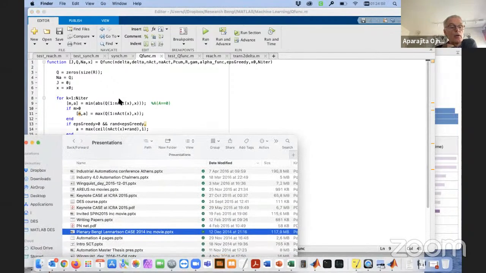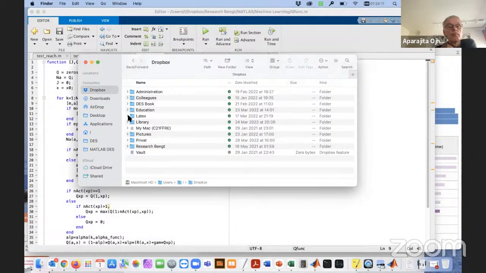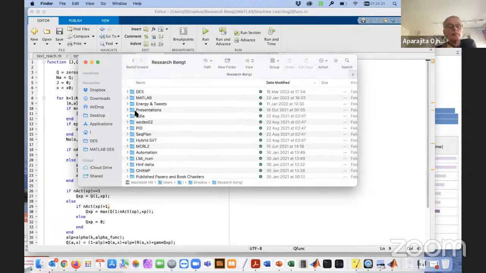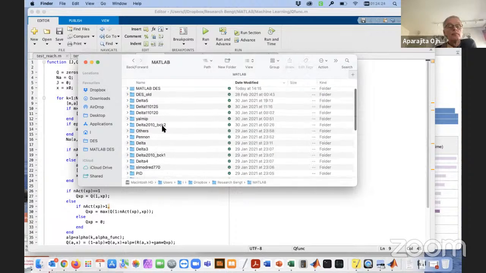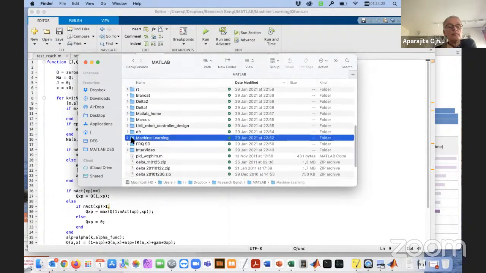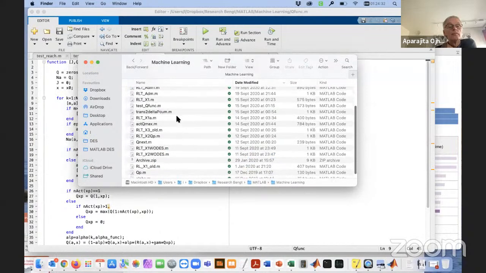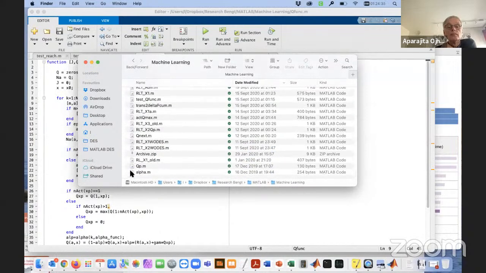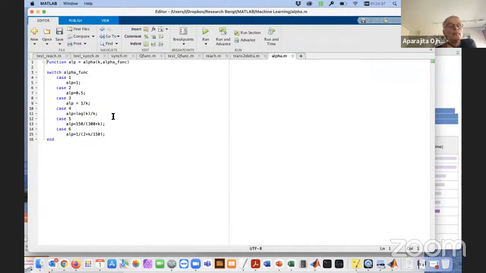Let's see if I go outside here. Here you see, for instance, log k divided by k, which was one update, and the most simple one is the 1 over k.